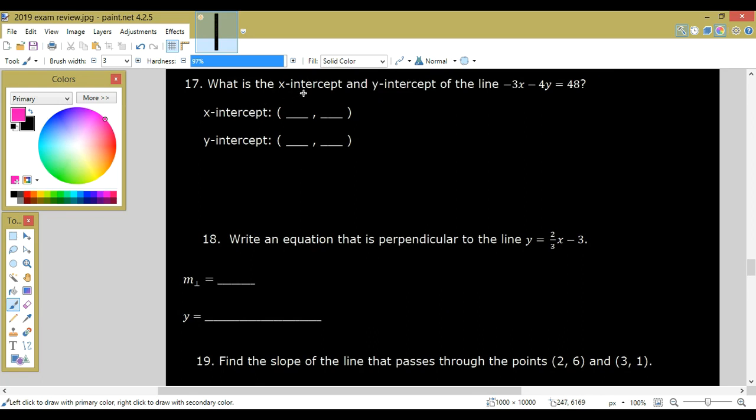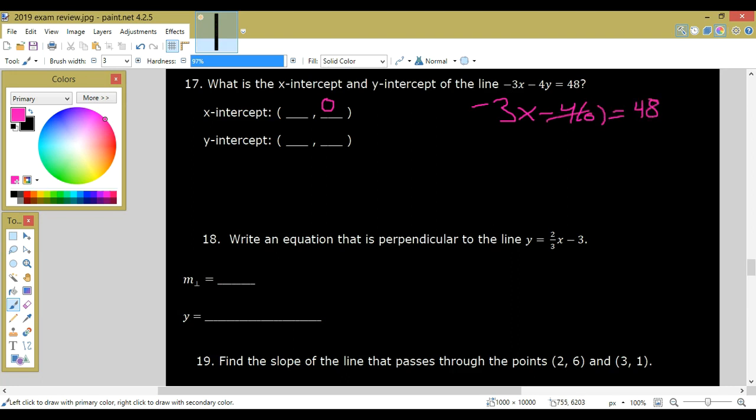17. What is the x-intercept and y-intercept of the line negative 3x minus 4y equals 48? So to find the x-intercept, we plug in 0 for y and solve for x. So we have negative 3x minus 4 times 0 equals 48.